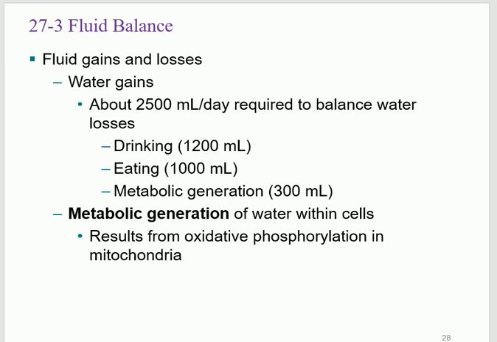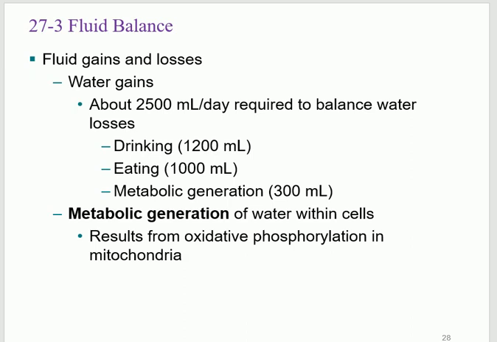Eating will give you about a liter. Most of the stuff that we eat contains water, right? Whatever you eat, cheese, vegetables, fruits, will all contain water. So this is the main thing. And a little bit comes from metabolic generation, or what we call metabolic water.